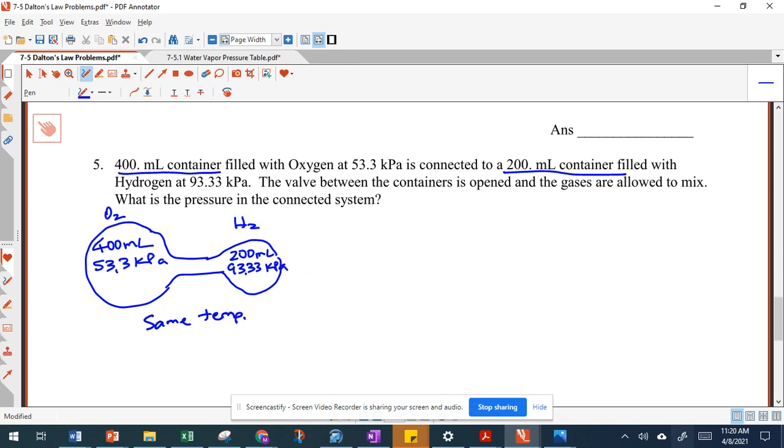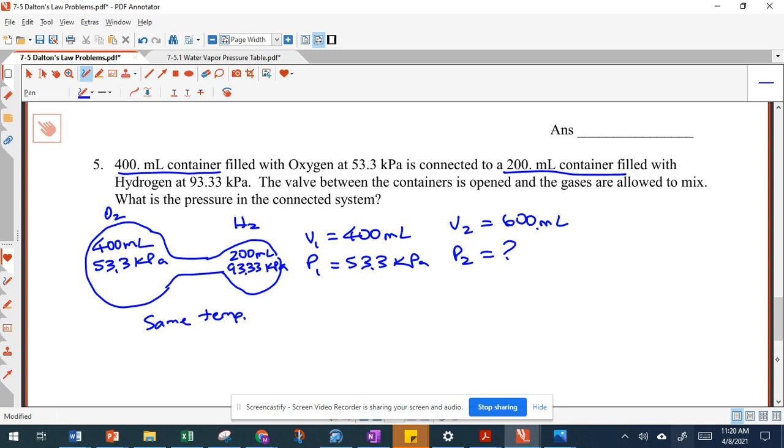So temperature is being held constant. So we have one Boyle's law problem with an initial volume of 400 milliliters, an initial pressure of 53.3 kPa, a final volume of 600 milliliters, and an unknown pressure of our oxygen.